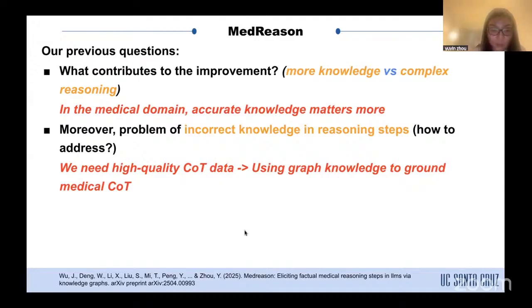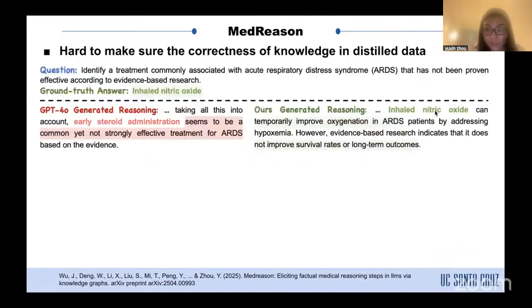In one of our recent papers, which is called MedReason, eliciting factual medical reasoning steps in large language models via knowledge graphs, we propose to use graph knowledge to ground the medical COT. So this is a quick snippet of what our MedReason dataset can do. The left-hand side is the previously generated reasoning traces from GPT-4o.